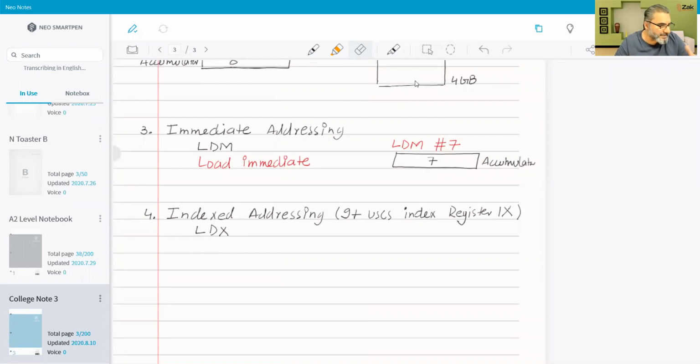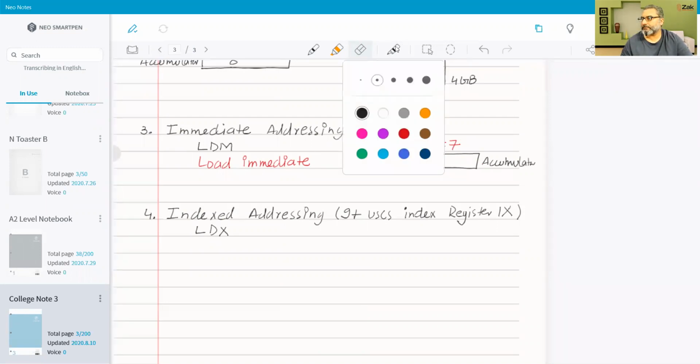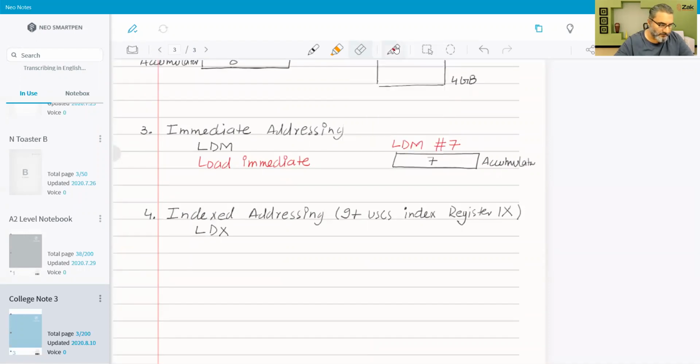So basically what happens, let's say we have got this command LDX. First of all, let's say we have got this index register. Index register has got 4 in it.